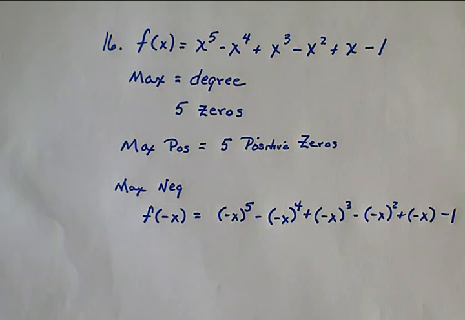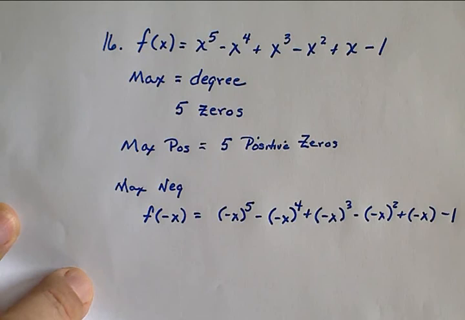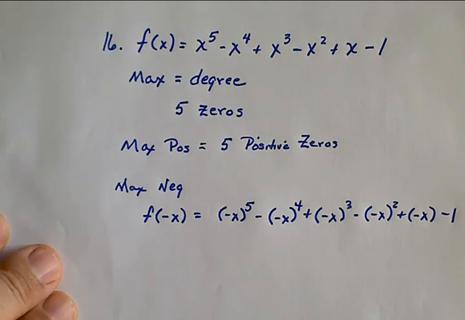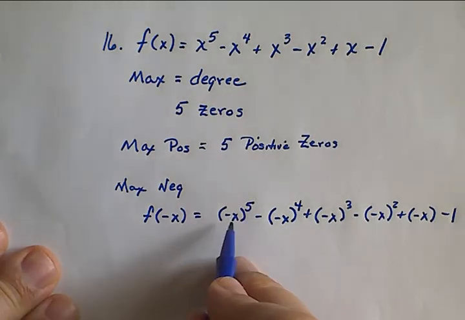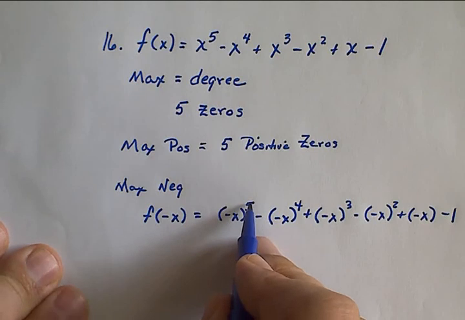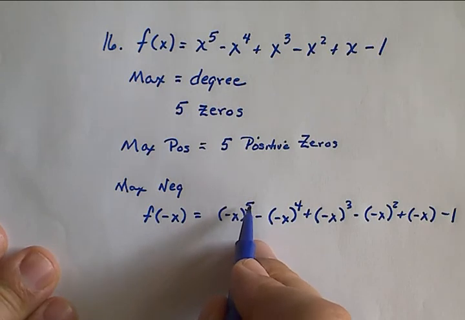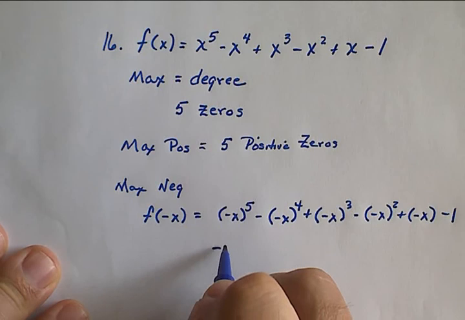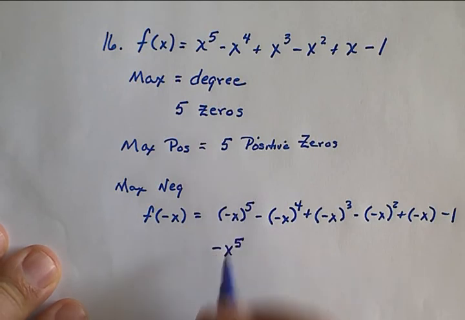My next step then is to go through and simplify. Now, you do not simplify negatives first, or double signs first. Use the exponent to simplify. So if I have a negative x to the fifth power, because this is odd, this will stay negative x to the fifth when you simplify.